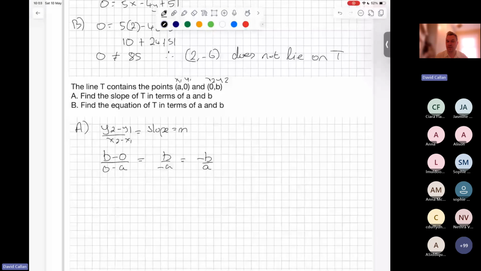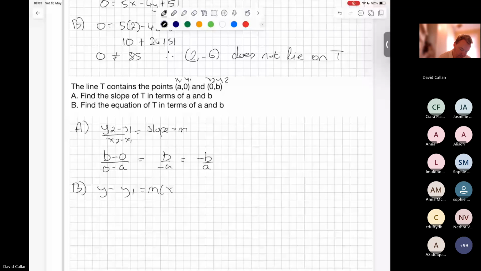But then it does say find the equation of t. So again, we've already labeled everything. We have our slope, we have our x1, y1, so we're good to go. So it's y minus y1, which is 0, is equal to your slope minus b over a, and then x minus x1, which is a.